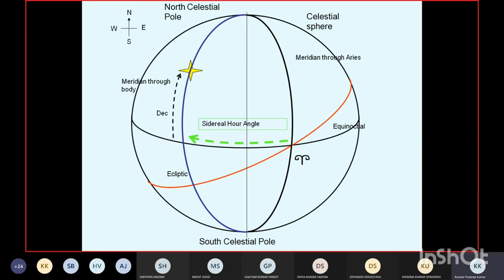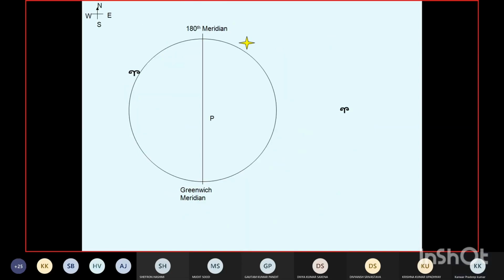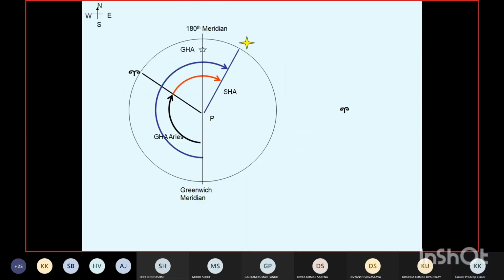You see this one? Arc of the equinoctial, angle at the pole between the meridian of Aries and the meridian of the star, measured westwards. The same picture now I'm seeing from the top. SHA star.